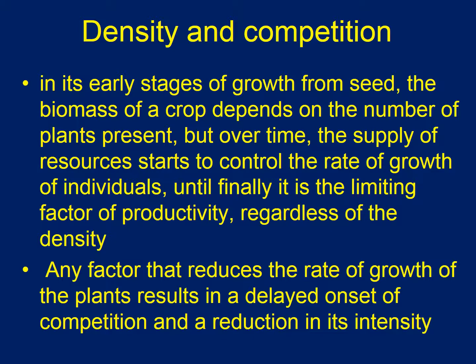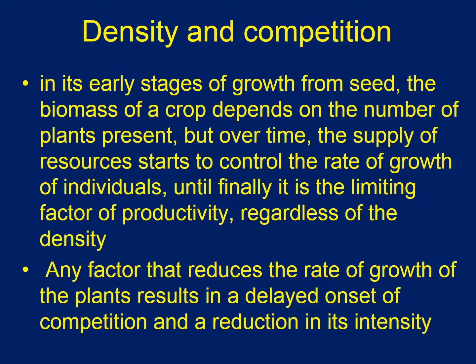In other words, in the early stages of growth from seed, the biomass of the crop depends on the number of plants present, on plant population. But over time, the supply of resources starts to control the rate of growth of individuals until finally it is the limiting factor of productivity regardless of the density.